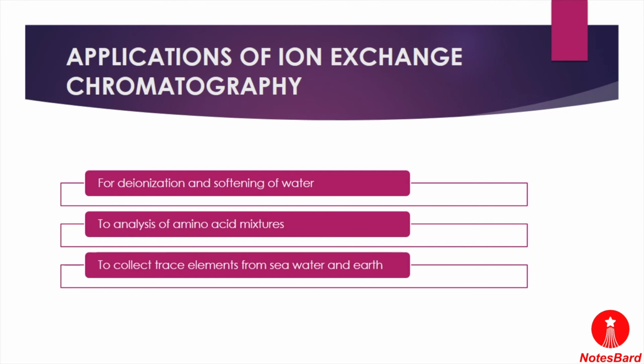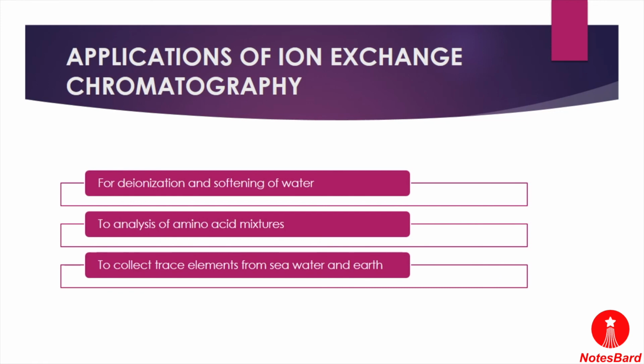Another application is to analyze amino acid mixtures. We know there are 20 principal amino acids found in humans as well as in other organisms, in blood serum, and also obtained by the hydrolysis of proteins. They are separated and identified by ion exchange chromatography.